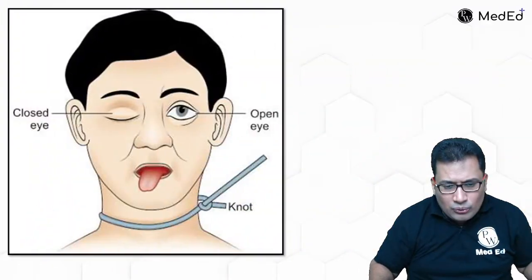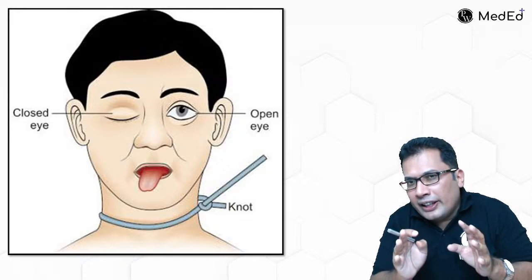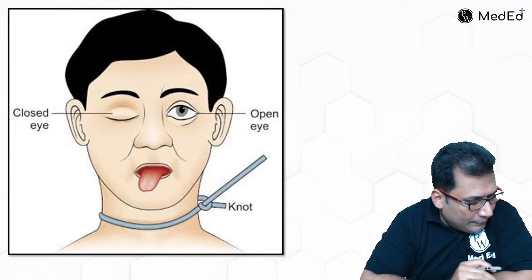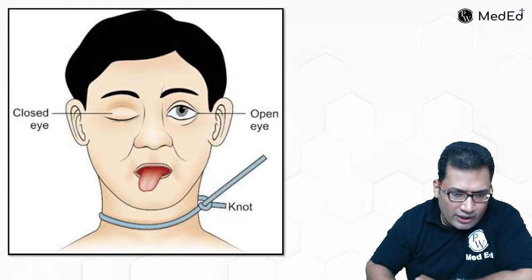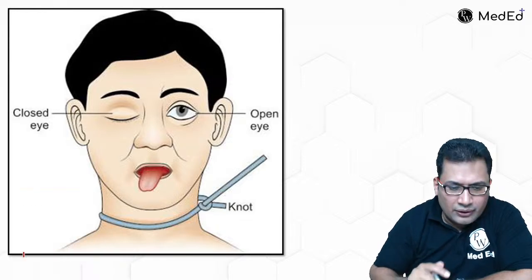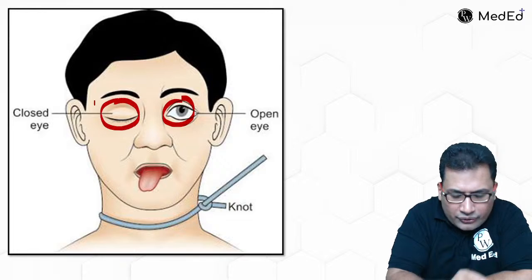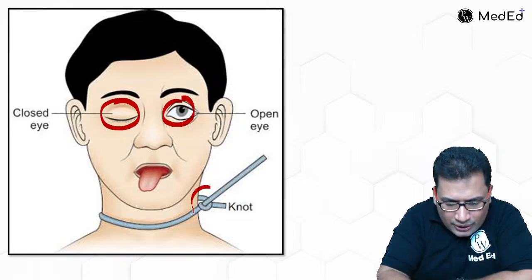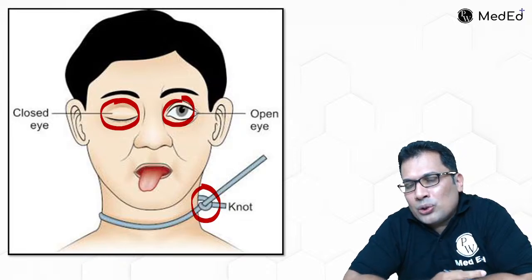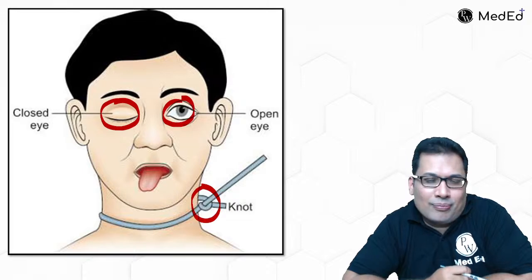Now look at this image and identify what is the finding in case of hanging. Anybody? Can anyone? What is the finding in case of hanging? Sometimes one eye is open, the other eye is closed, on the same side of knot, because of compression force over the cervical sympathetic chain.